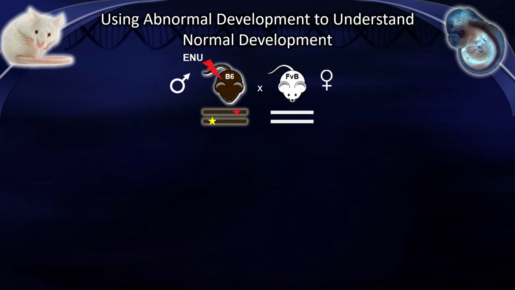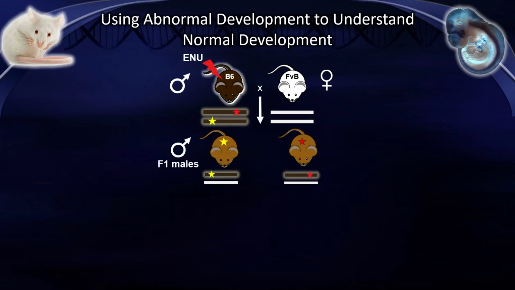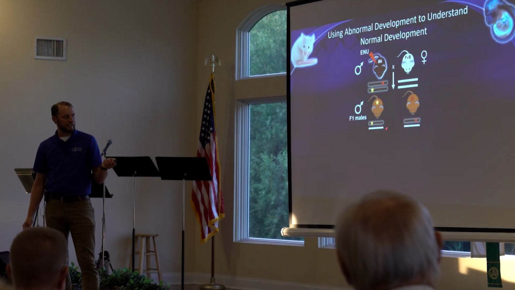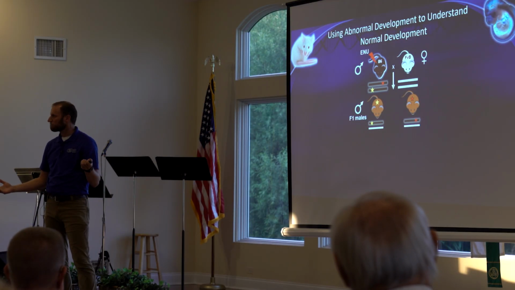Then we would take this mouse and cross it to a healthy female, and we would use a white mouse. There's a reason we use these different strains of mice, and I'm not going to explain the details behind that, but there is a method to the madness. So the offspring would randomly receive a subset of the original mutations from the dad. You see how this one got the yellow mutation, this one got the red mutation.